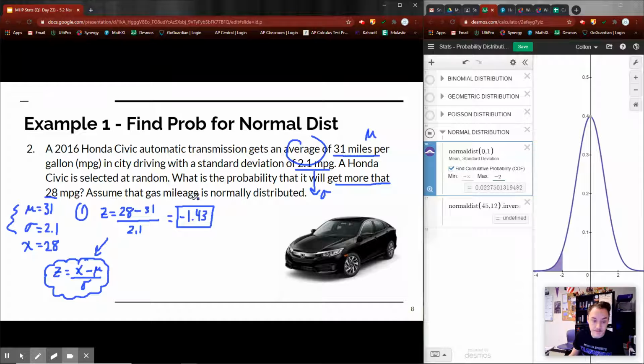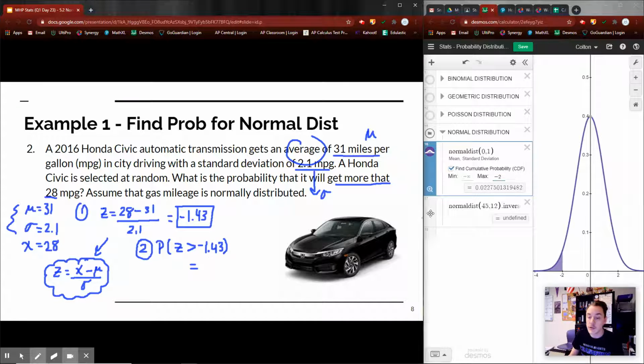Now, what does that mean? That means I'm going to be using negative 1.43 to find my probability. So the probability of z greater than, because that's what I want, more than 28, or because I standardized it, more than negative 1.43.